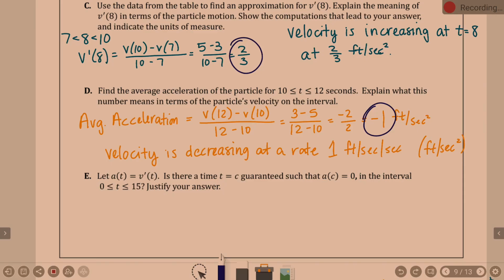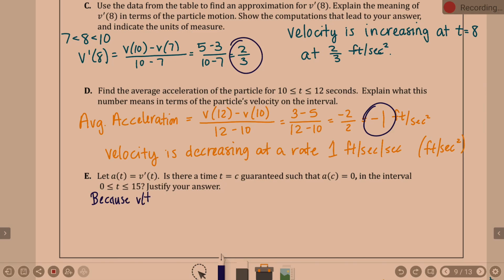Now, do keep in mind, we were told differentiable, thus we were told continuous. In order to imply this, it has to be continuous, right? Otherwise, everything we just said doesn't matter. It doesn't work. So, a couple of things I have on my notes.